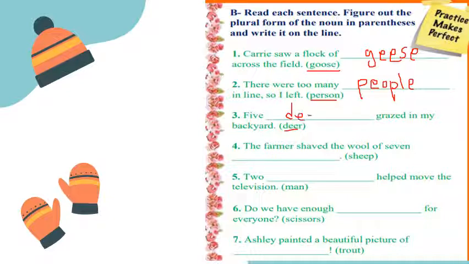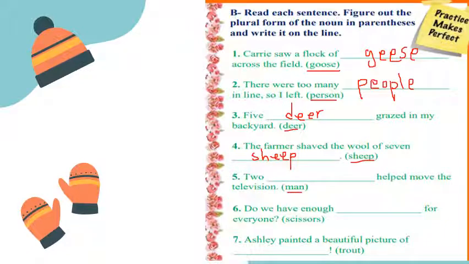Deer. Number 4, the farmer shaved the wool of seven sheeps. No, not sheeps, it stays the same. Sheep. Of seven sheep.